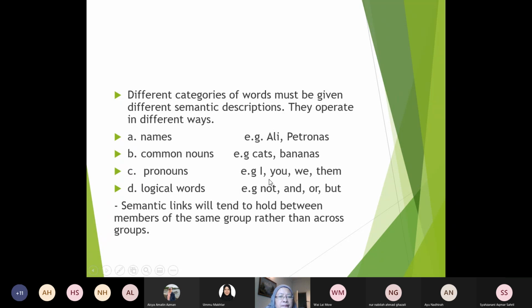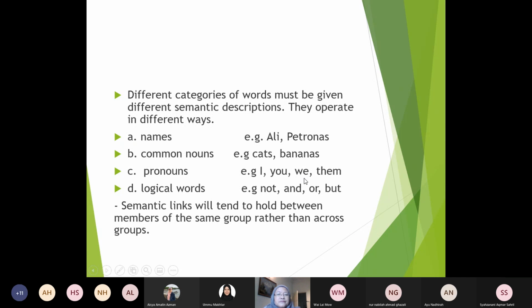Pronouns: the reference of the meaning will be retrieved from the noun phrase that was mentioned before this pronoun. So we can never know, we just know I is first person singular, you is second person singular, we is first person plural.